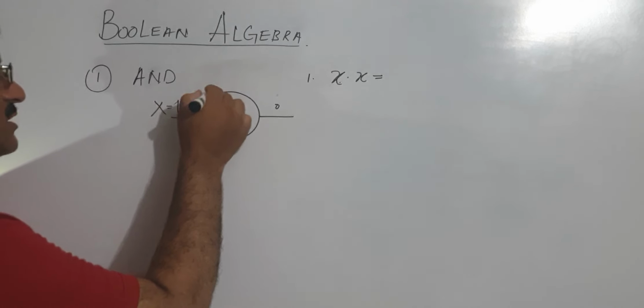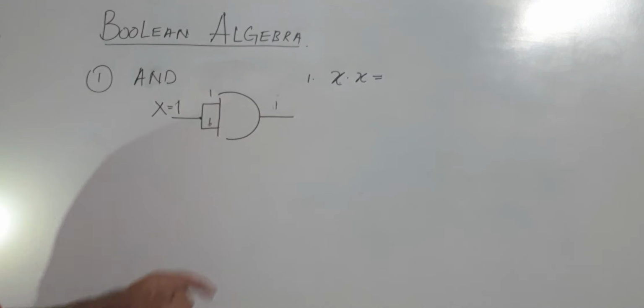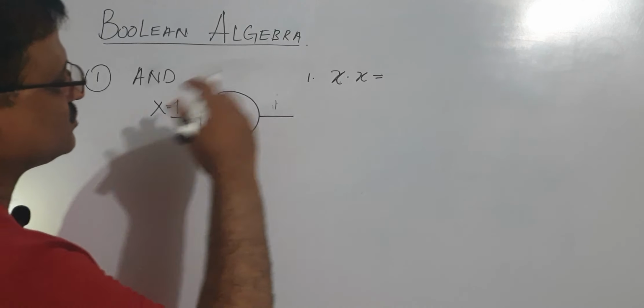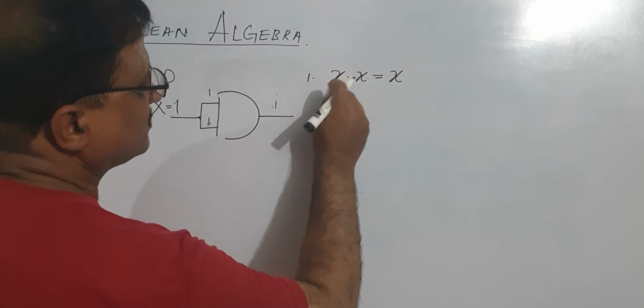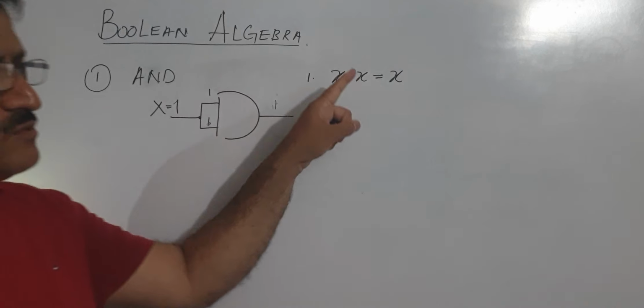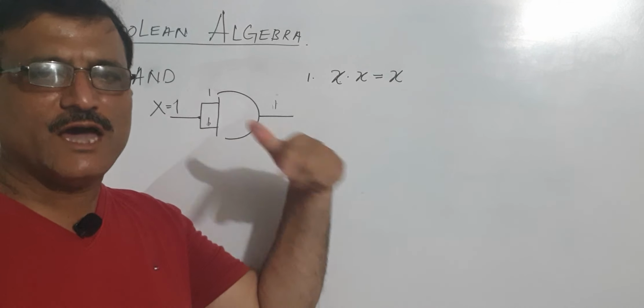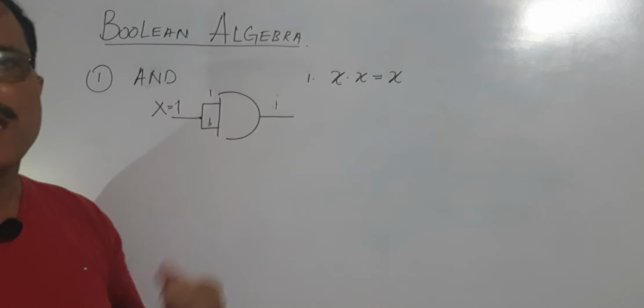The two inputs will become 1, 1. What should be the output? 1. So it means that X dot X is always equal to X. This is the first Boolean identity we have derived based on the operation of the AND gate.